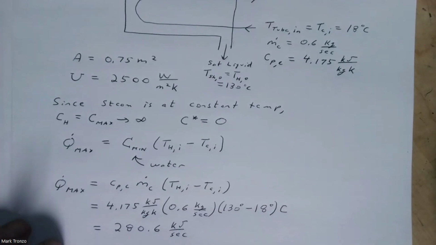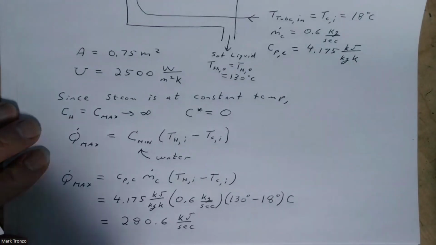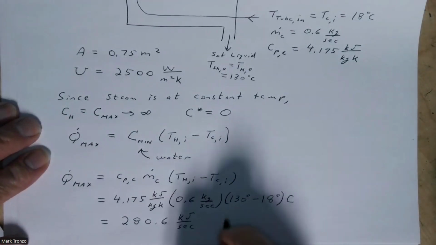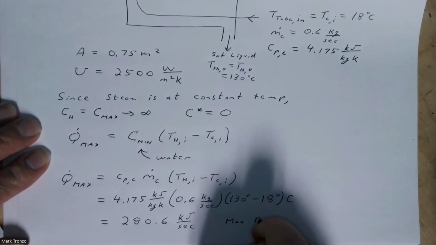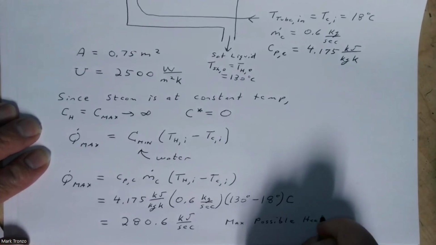Again, I should emphasize this would be the max possible heat transfer. In other words, if everything was perfect, this is the max possible. And we'll have to multiply this by our effectiveness to find the actual heat transfer.